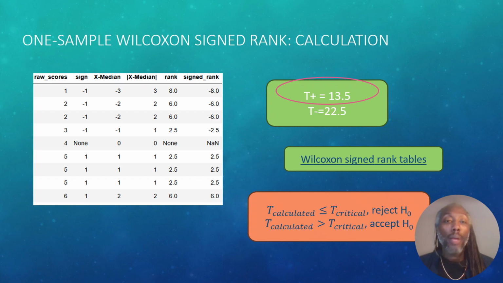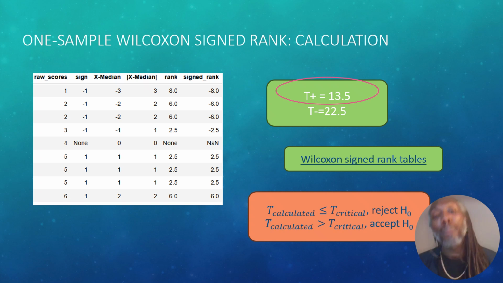So we take those raw observations, and anyone that is greater than the median gets a positive sign, so just a positive 1. Anything that's less than the median gets a negative sign, or -1. Then we take the difference between each observation and the median.